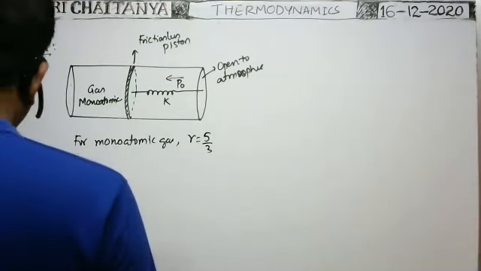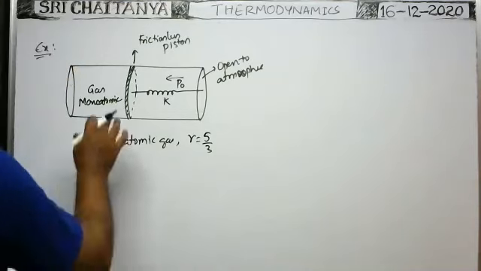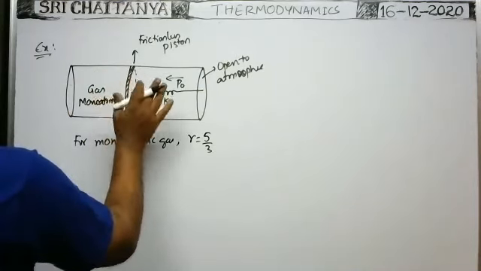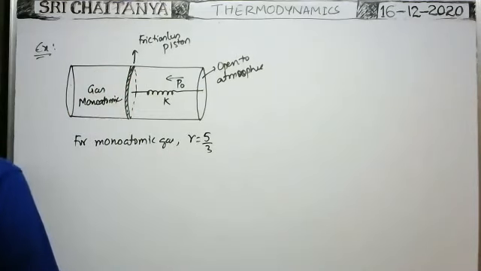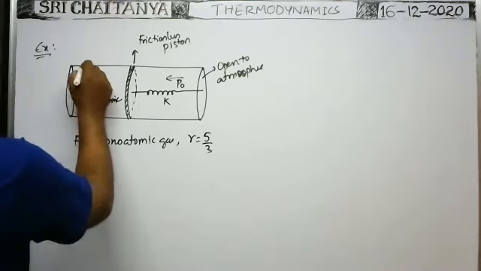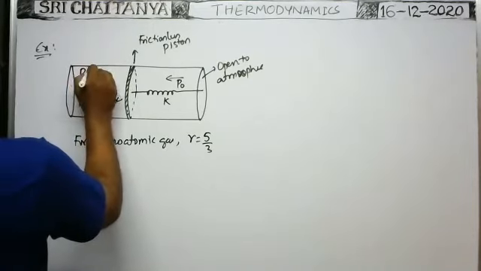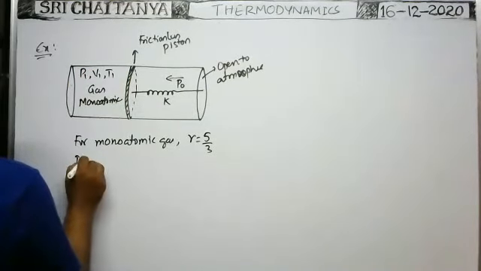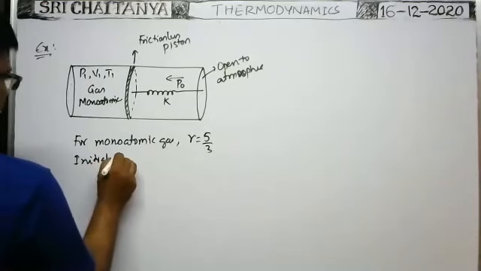An ideal monoatomic gas is confined in a horizontal cylinder by a spring-loaded system, as shown in the figure. Initially, the gas is at a temperature T1, pressure P1, and volume V1. These represent the initial state of the gas.